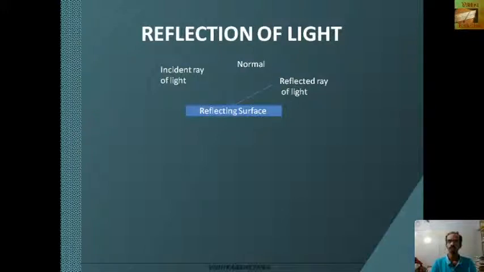The normal to the surface at the point of incidence is the normal. The angle which the incident ray makes with this normal is called the angle of incidence I, while the angle made by the reflected ray of light with the normal is known as the angle of reflection, which is shown as small r.